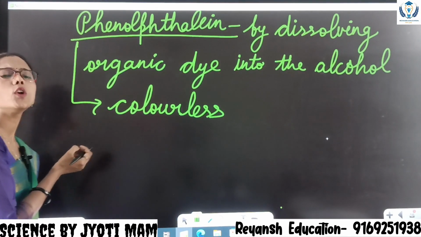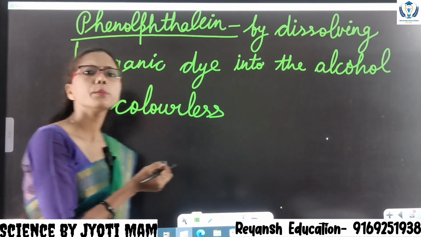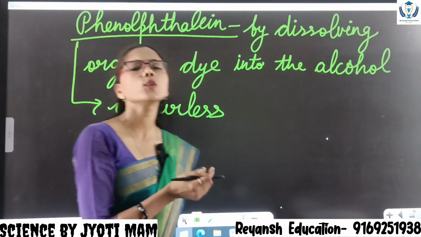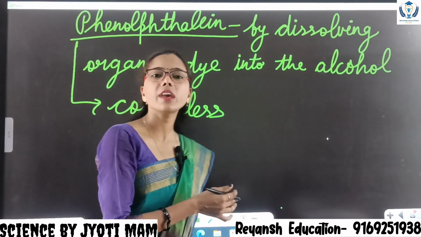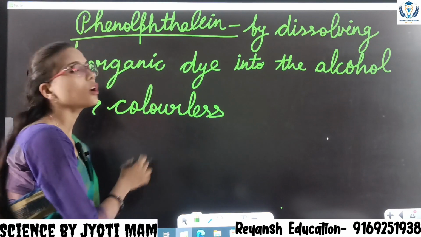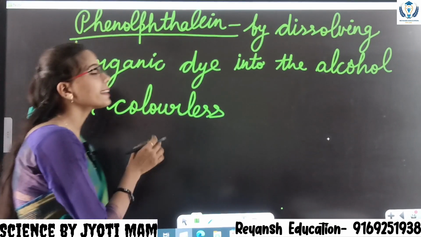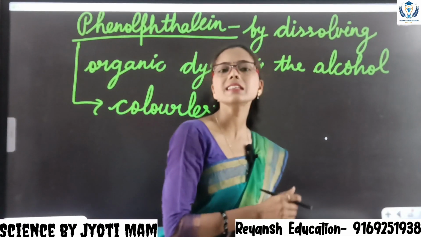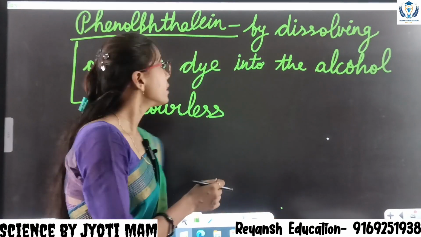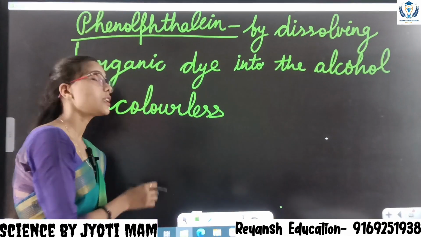As I have already told you about the turmeric indicator, turmeric is only reactive with the bases. In the same way, phenolphthalein is also reactive only with the bases, meaning it is non-reactive with acidic solution or acids or with neutral solution.